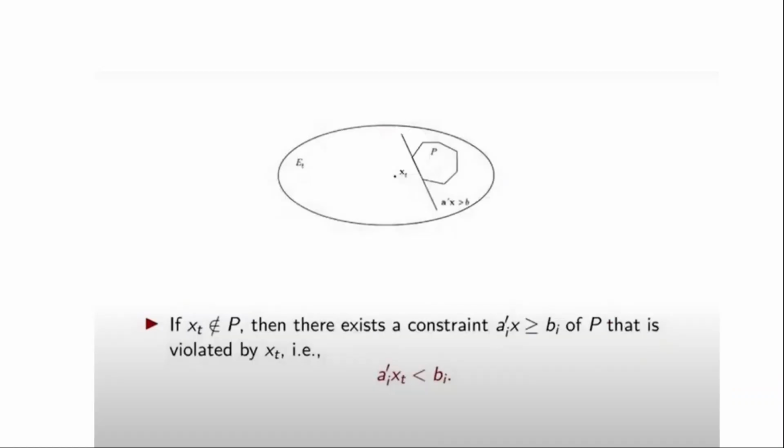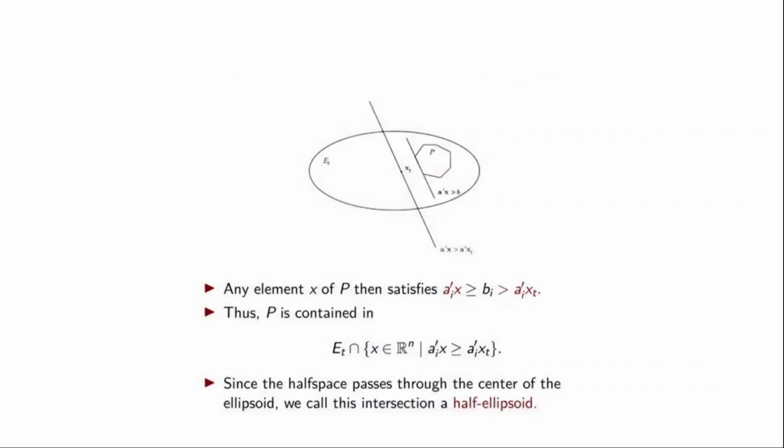Since xt is outside the polyhedron, a certain constraint has been violated. P is the polyhedron made by the constraints, and the line here denotes the constraint that has been violated. Let's see what we have to do to overcome this. Since the constraint has been violated, we translate the constraint to a newer position.